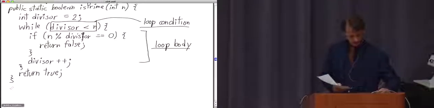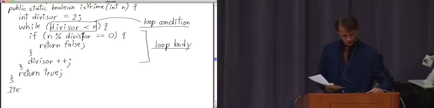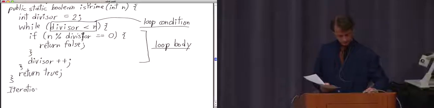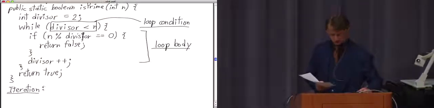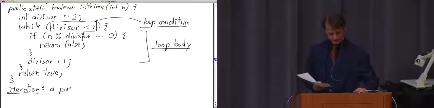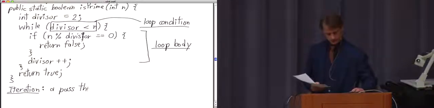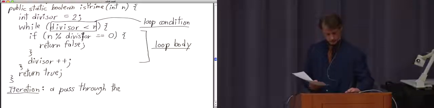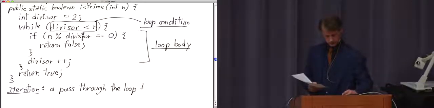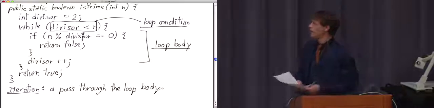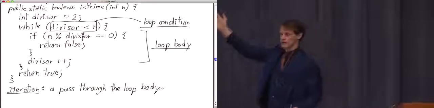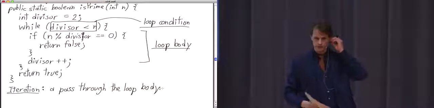One word that will come up a lot is an iteration of a loop. So an iteration is one pass through the loop body. And so if this method goes all the way to the end, it does n minus 2 iterations.